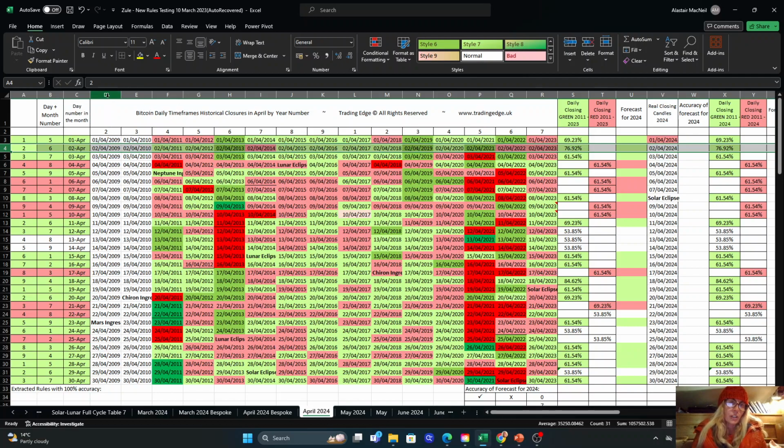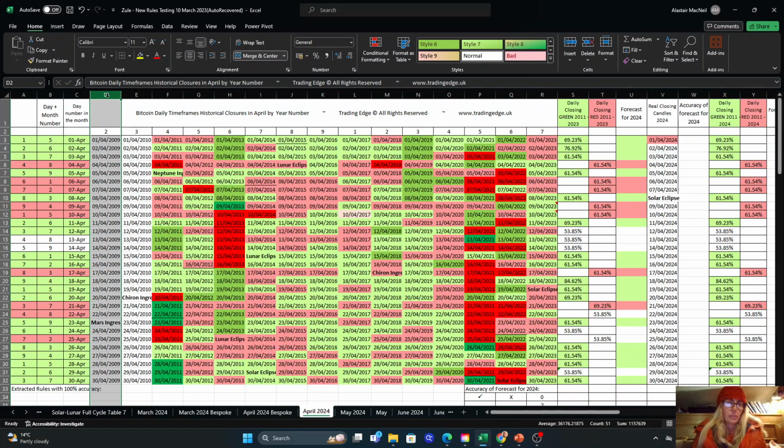As I don't have any trading data for 2009 or 2010, those are blank. I obtained trading data for 2011, 2012, 2013 and 2014 from the all-time history index for Bitcoin.